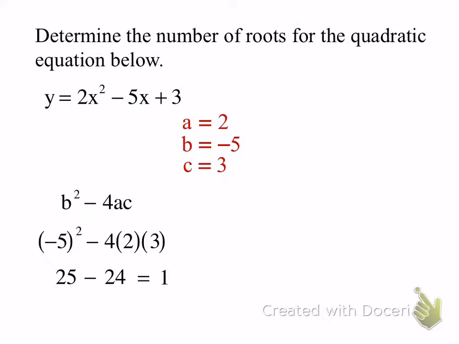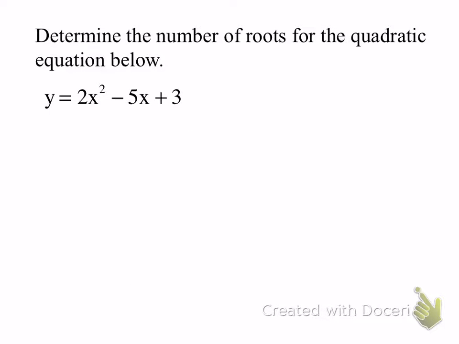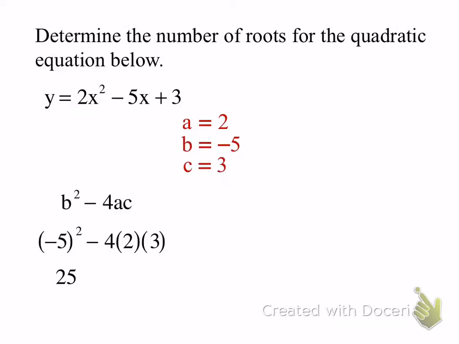You're not understanding what I'm saying. What is the value of the discriminant? This is the value, but what does that mean when the value of the discriminant equals 1? 2 roots. Okay, do you understand? One more time, come back here.